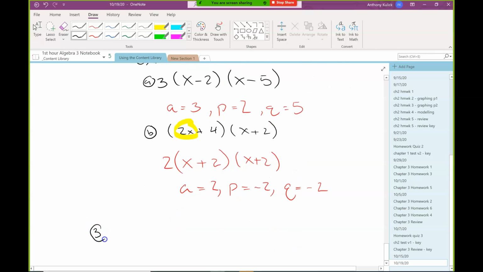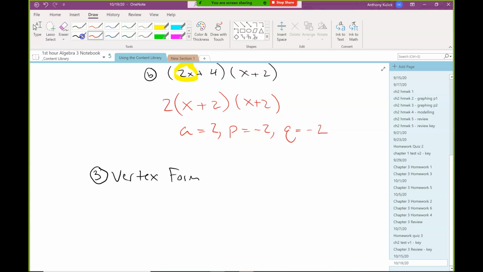Our third representation is called vertex form. What this looks like is A times the quantity x minus h, quantity squared, plus k, where A, h, and k are constants.